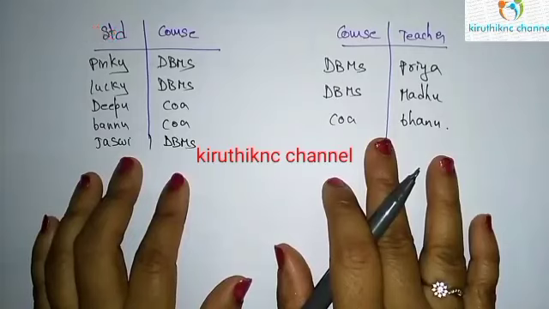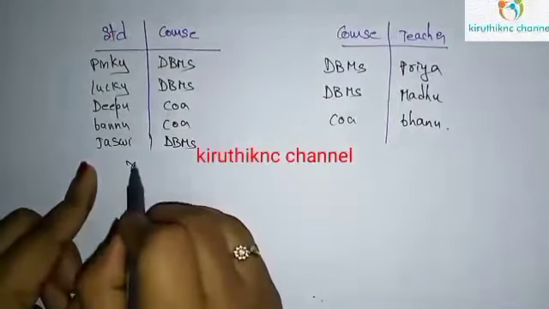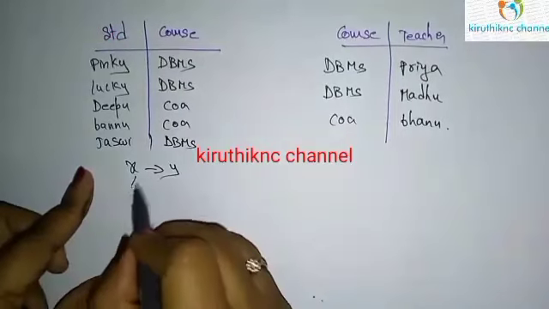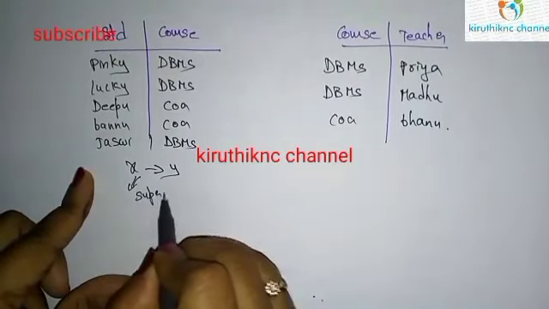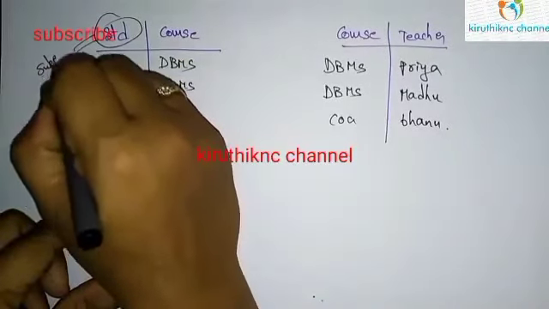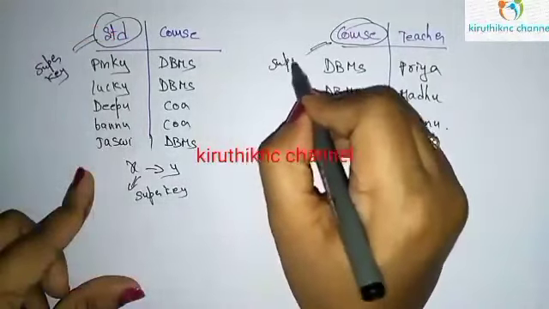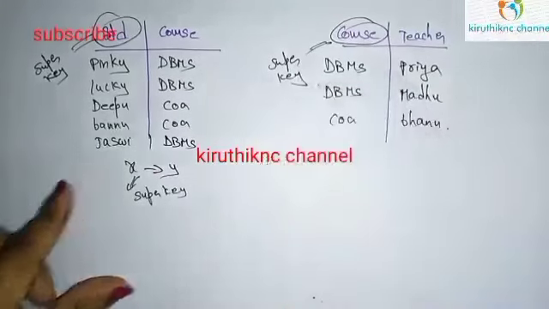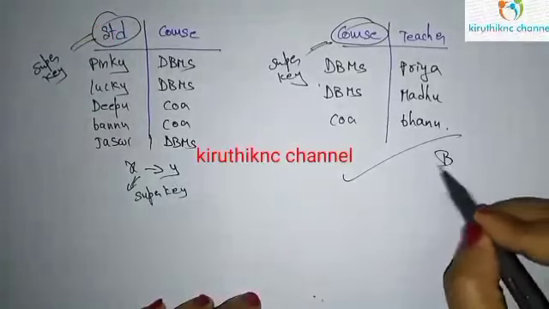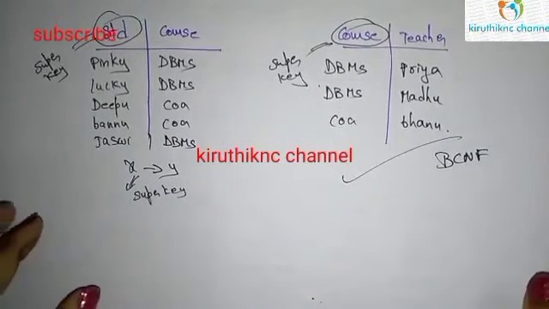And for every functional dependency X determines Y, X is a super key here. This is a super key, and this is a super key in this table. So now this table is in BCNF. Okay, so this is about BCNF.